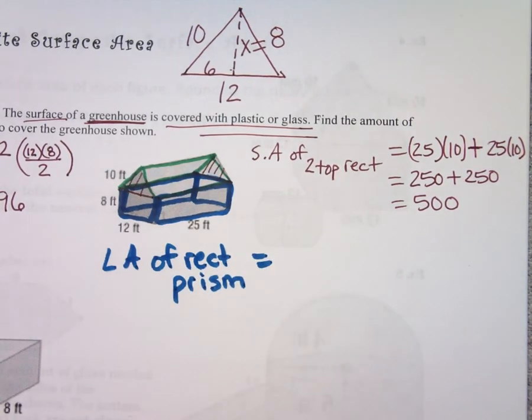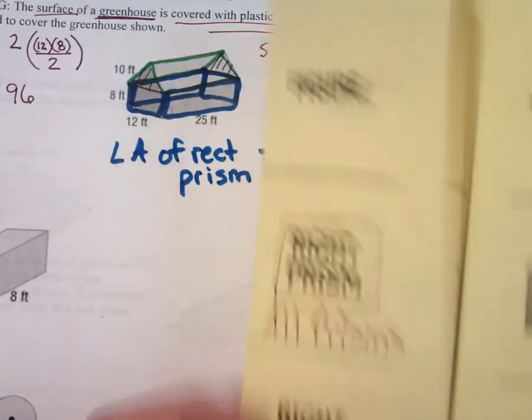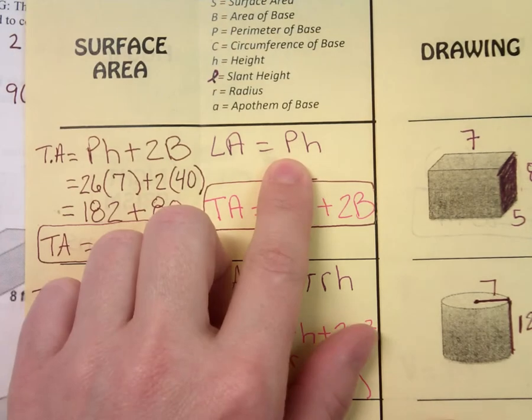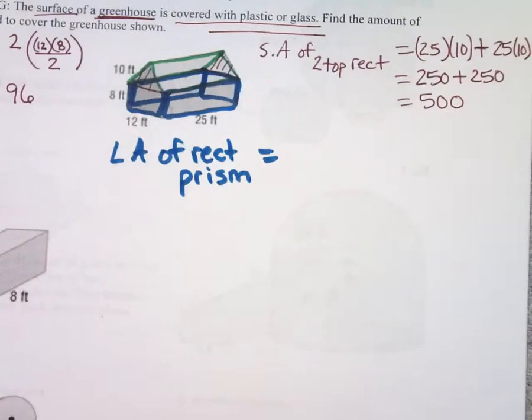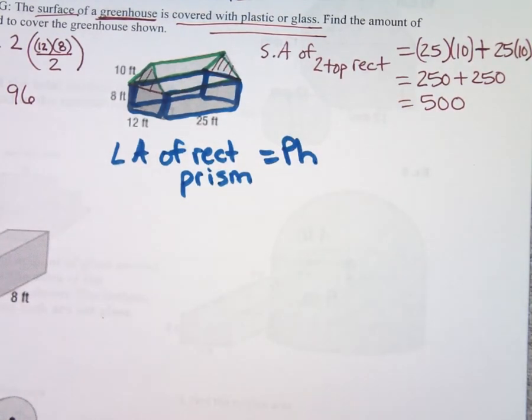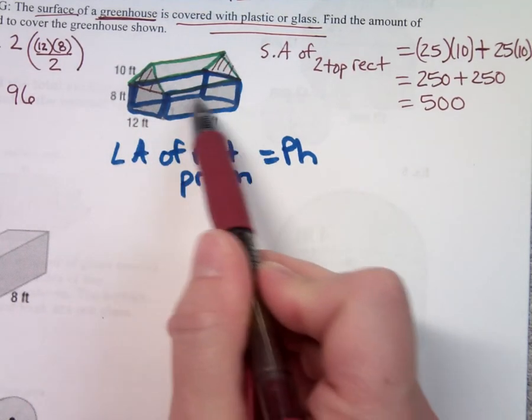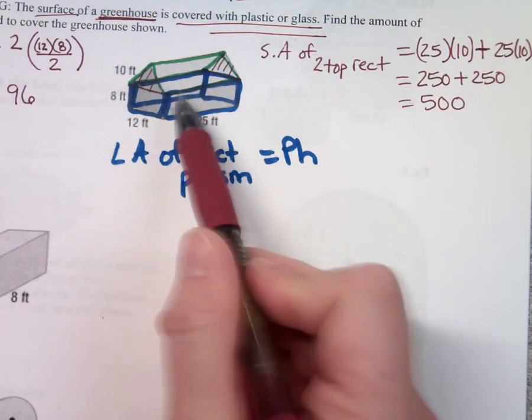Okay, so I need to find my formula chart. Our formula for lateral area of a rectangular prism is capital P times H. It really doesn't matter what you call the base, but I'm going to have the bottom be the base. So if I want to find the perimeter of that base, I'd add what, and what?